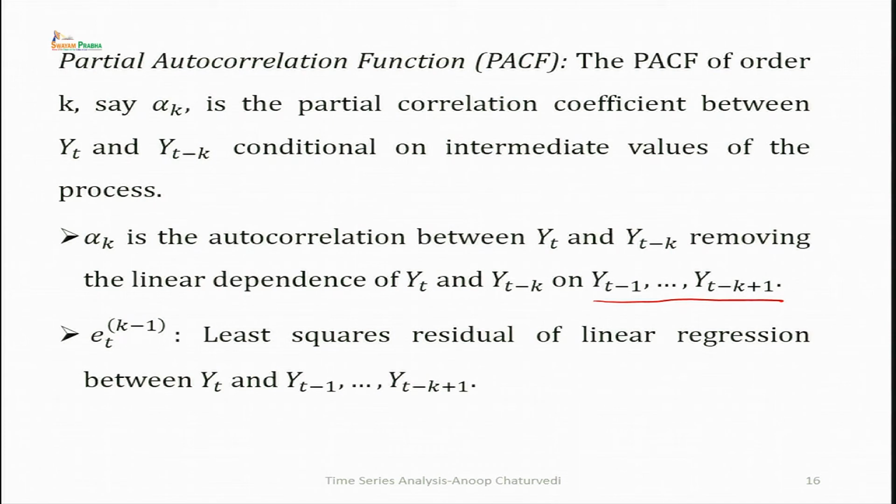And then E t k minus 1 is the least squares residual of linear regression of yt on yt minus 1, so on yt minus k plus 1. So, we run the regression between yt and these intermediate values, and then we obtain the least squares residual, which we denote by E t k minus 1.